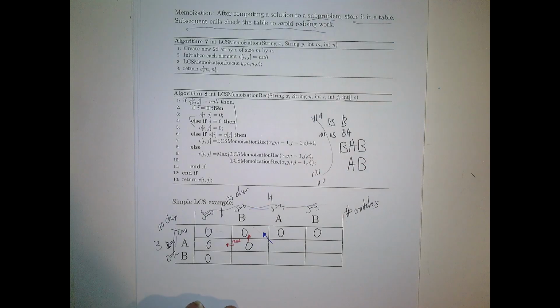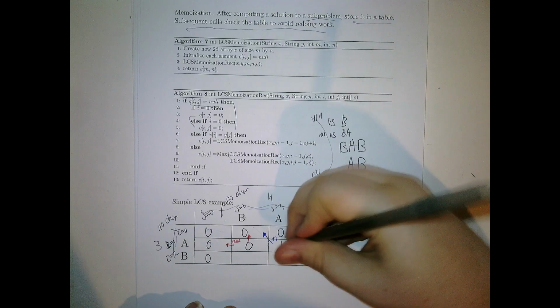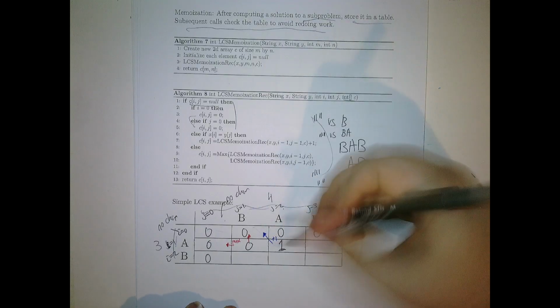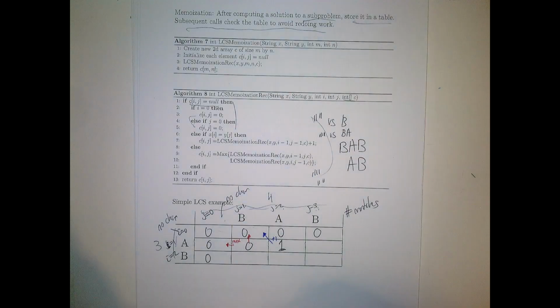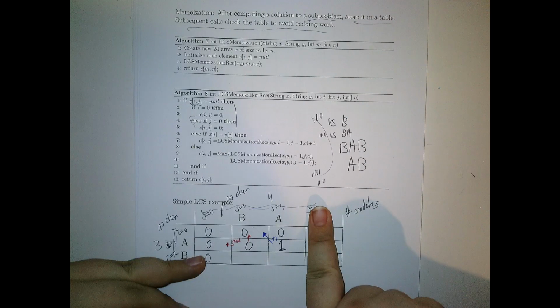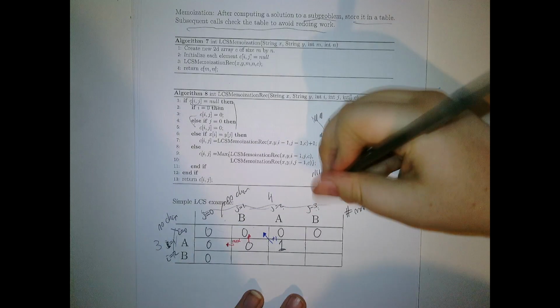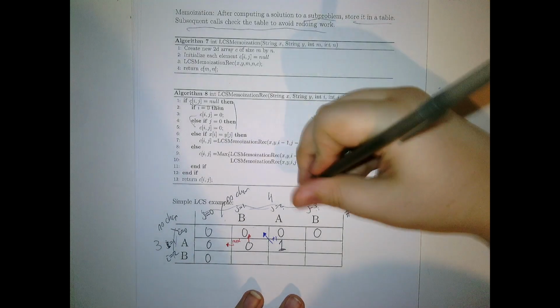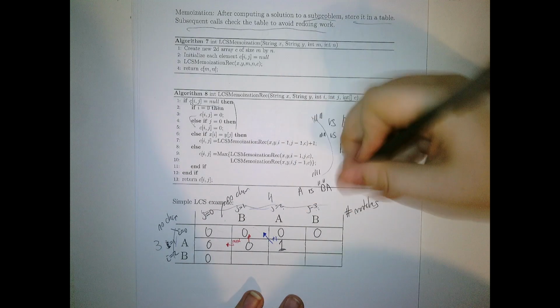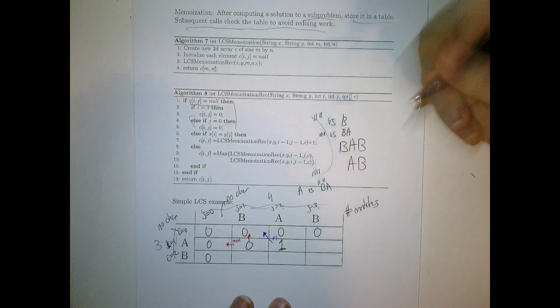We take that number, whatever is there, and we add 1. And yeah, sure enough, we can have one match, right? The string consisting of just A can match one character with the string consisting of BA. A versus BA is going to be one match possible.